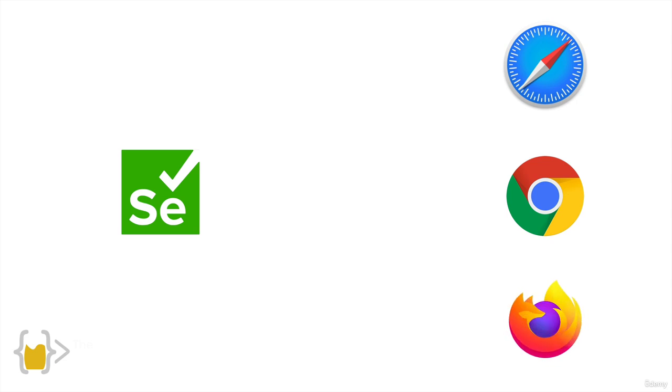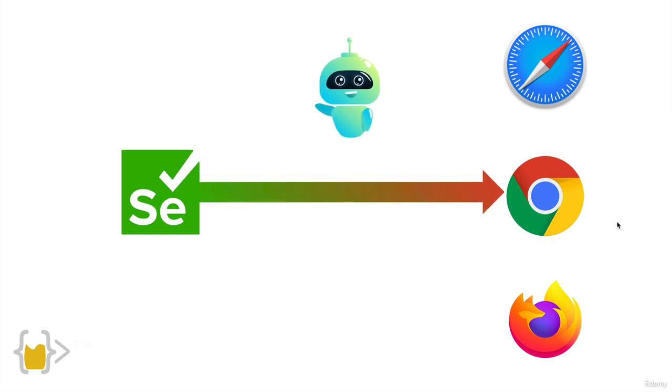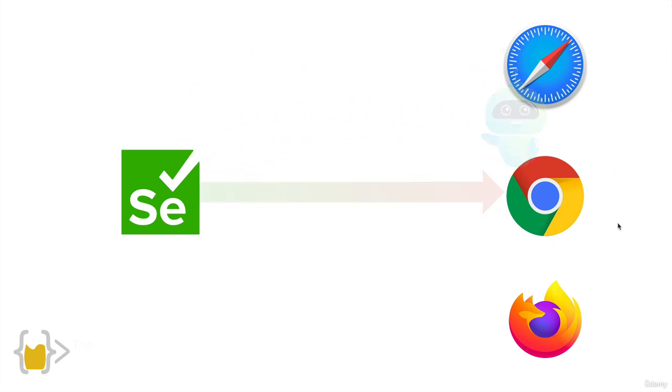But if you're wondering what this Chrome driver is, here's the way to think about it. We've got our Selenium package, which contains code for us to be able to interact with browsers. It can interact with the Chrome browser, which is what we're choosing to do, but it can also interact with a bunch of other ones like Safari or Firefox. How do we make sure that this package, which can handle all three, knows specifically how to work with the Chrome browser?